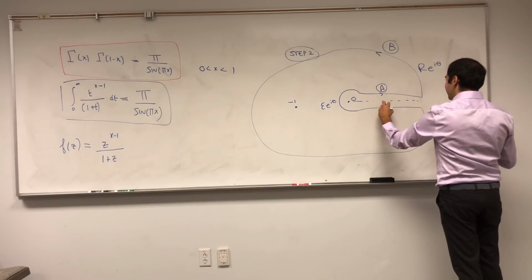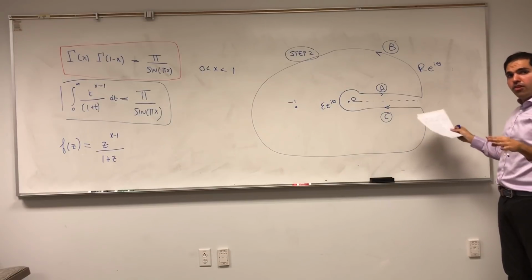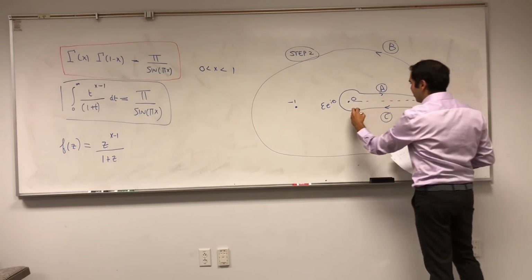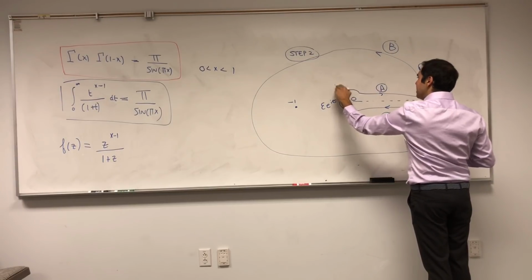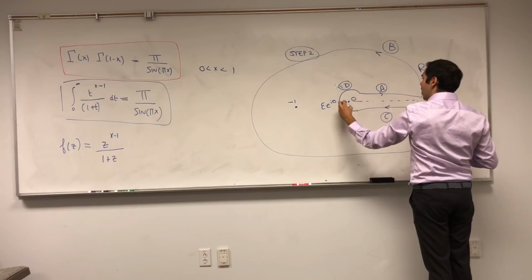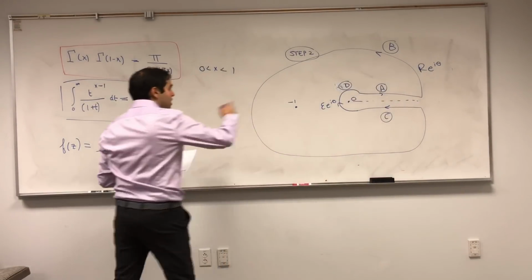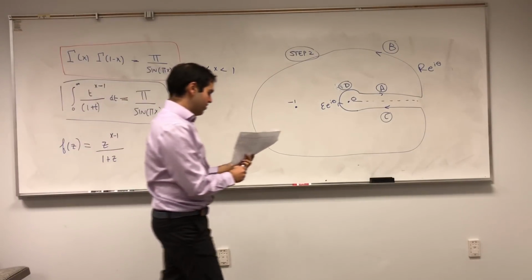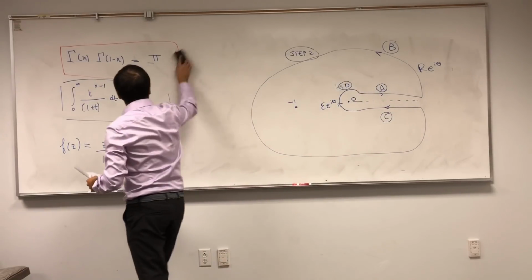There's a path C, which gives us our integral, a real integral, but maybe with some weird constant. We'll talk about this later. And lastly, there's a part D, which again we hope goes to 0. And therefore, the integral of f is just the sum of those four integrals.